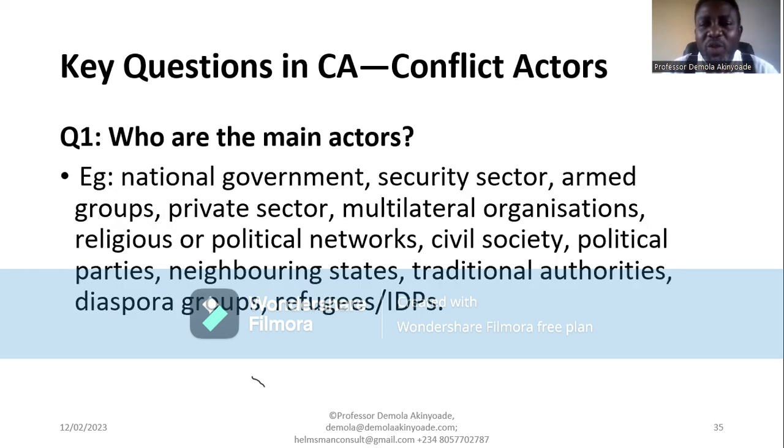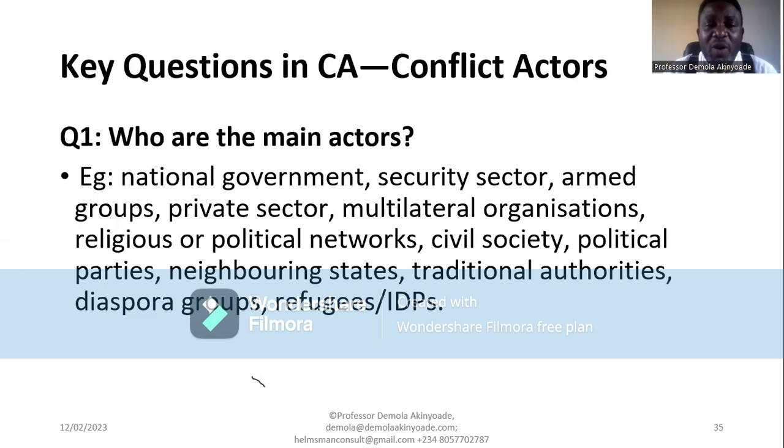So we now go to another element, which is the actors. The actors. Who are the actors in the APC, PDP, and Labour Party conflict, which is an ongoing conflict?